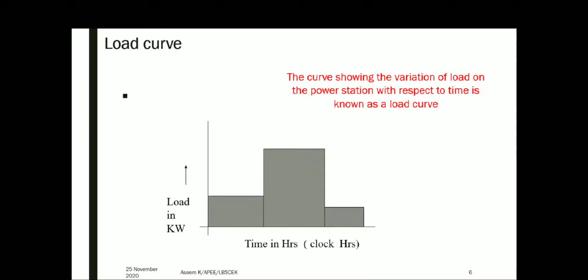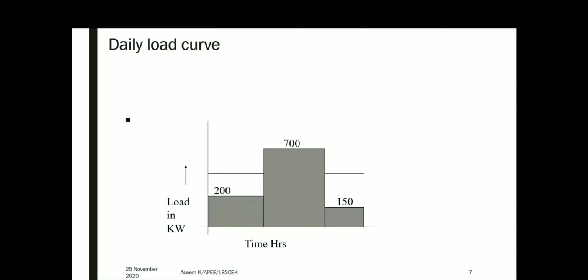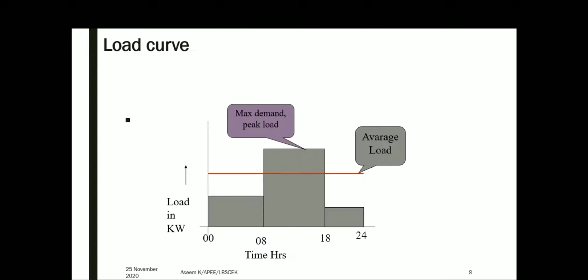So this one is the load curve, all of you know the load curve. The curve showing the variation of load on the power station with respect to time is known as load curve. Here one particular load curve is shown. You can see time versus load in kilowatt for particular time hours.